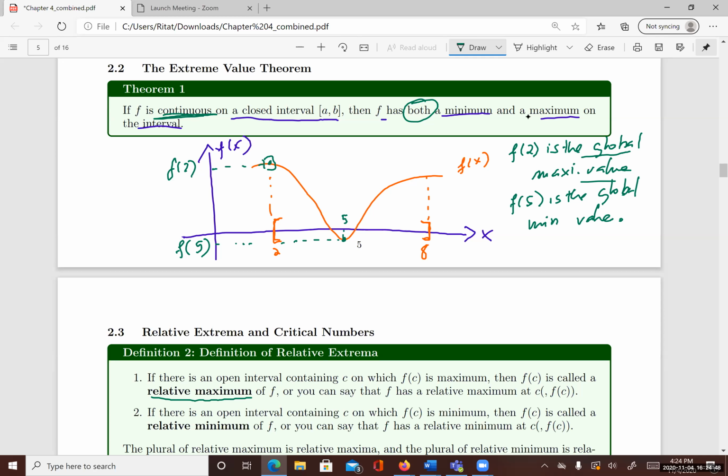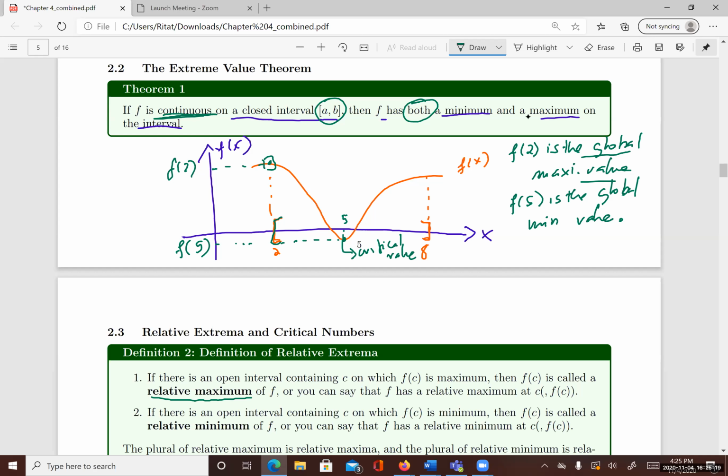And then you also have to pay attention to the endpoints of this closed interval, because in this case, the absolute maximum value occurs at f of a, and the global maximum or global minimum of this function occurs at the critical value.